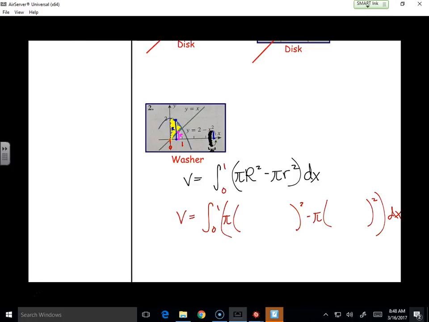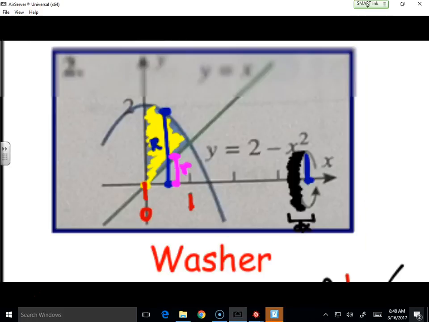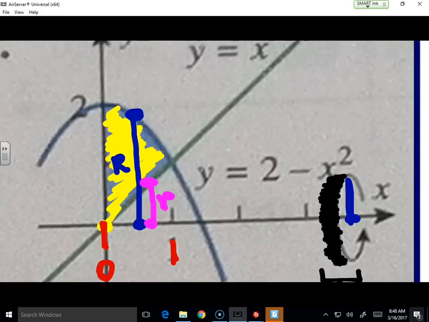Now, can we zoom in on big R for a second? We know we're doing top minus bottom, so we have to figure out which top, which bottom. For big R, what's on top?